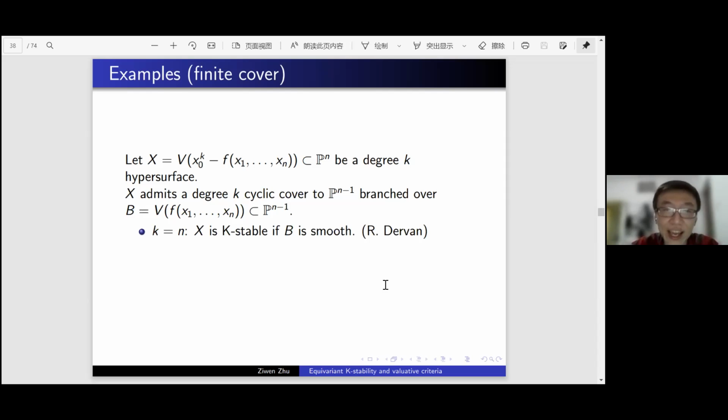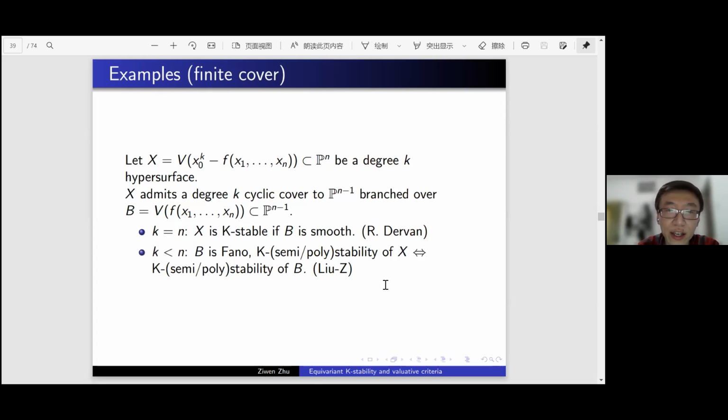So when k is equal to n, the canonical class of the branch locus B is trivial. And in his paper, he showed that if the branch locus B is smooth, and if we have a cyclic cover to P^n, then we can deduce that X is in fact K-stable. And then we can generalize this result in our papers.